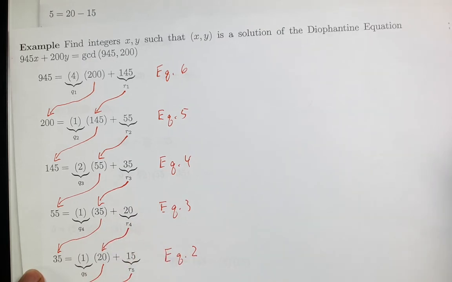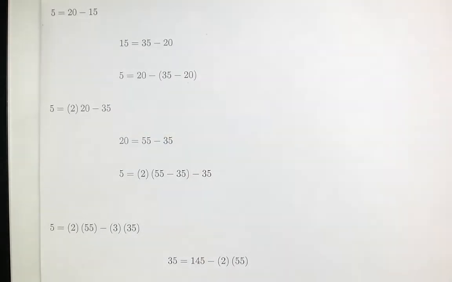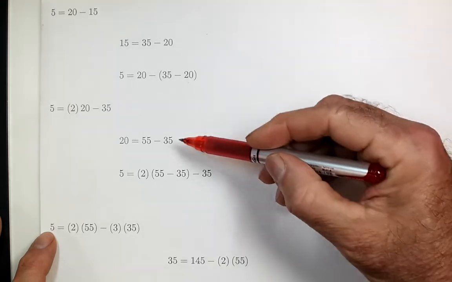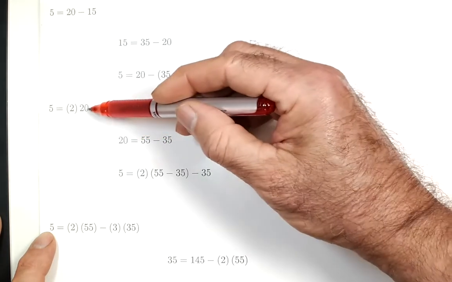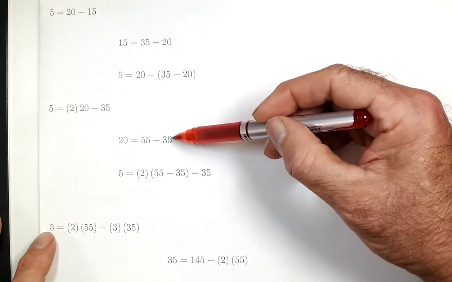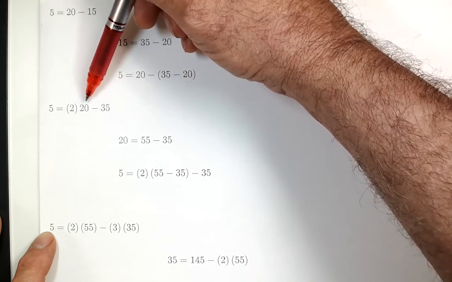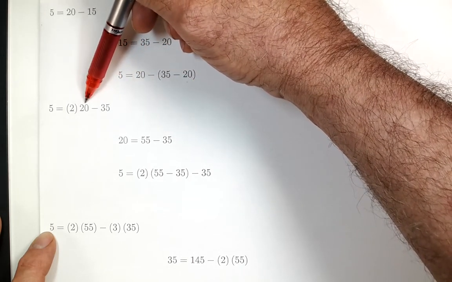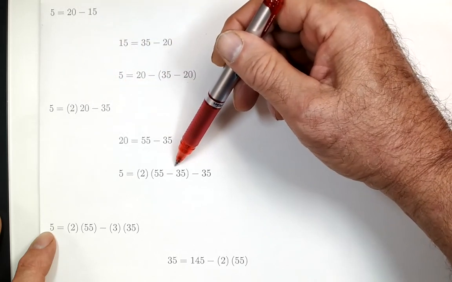And we're going to take this expression for 20 and substitute it into the previous expression. Where we have a 20 here, we put 55 minus 35 here.